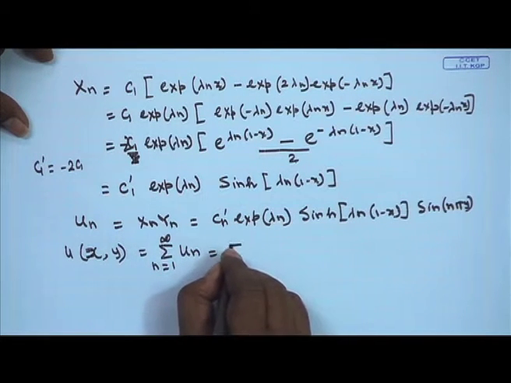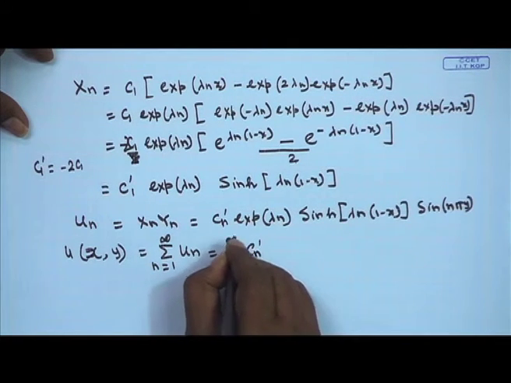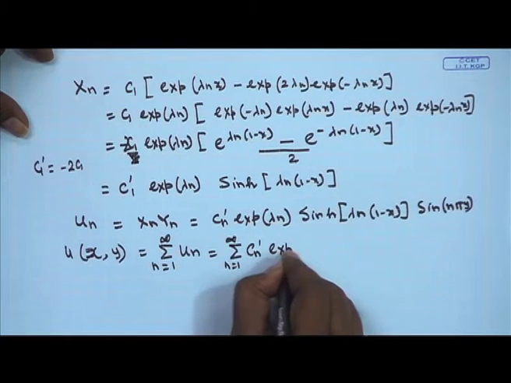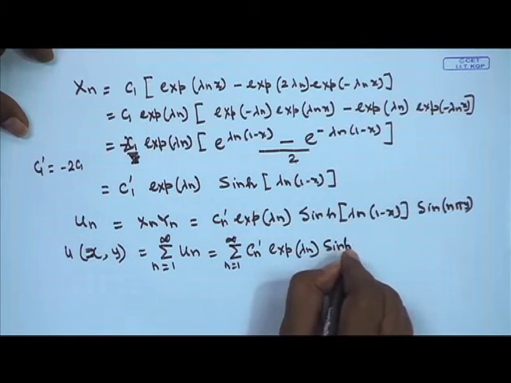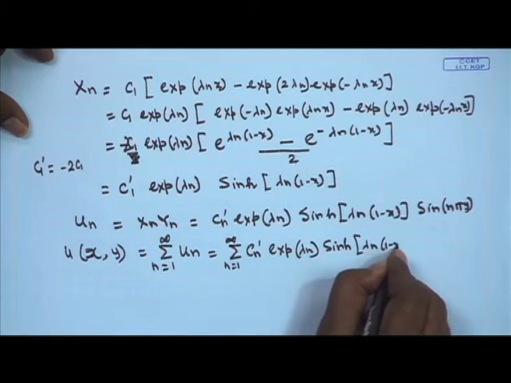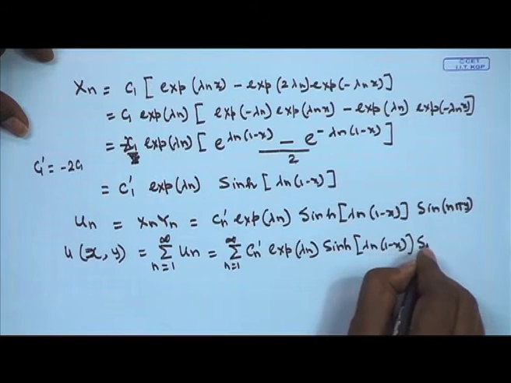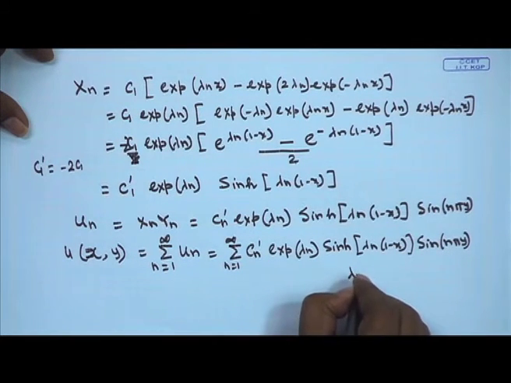So, summation of C n prime, n is equal to 1 to infinity, exponential lambda n sine hyperbolic lambda n 1 minus x sine n pi y, where lambda n is nothing but n pi.